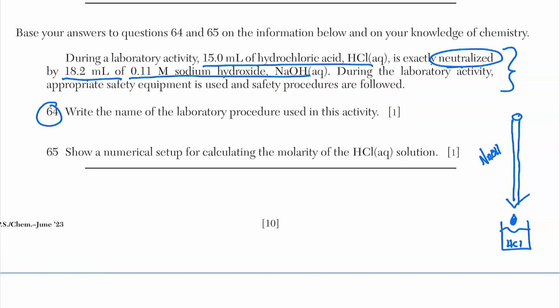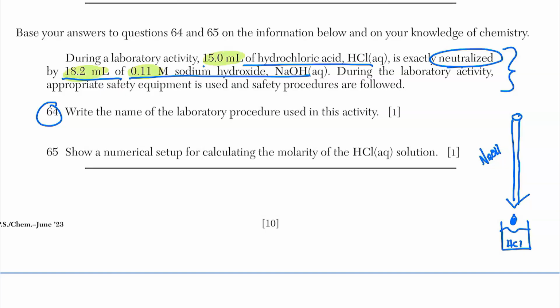You hear the word neutralized, and I always say if you see 3 variables, in this case the milliliters of the acid, the milliliters and molarity of the base, this screams acid-base titration. So the word titration just really means that you're using one chemical's information to answer another in a laboratory procedure.